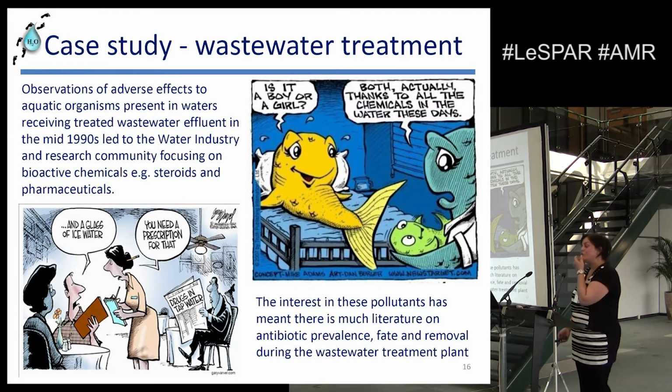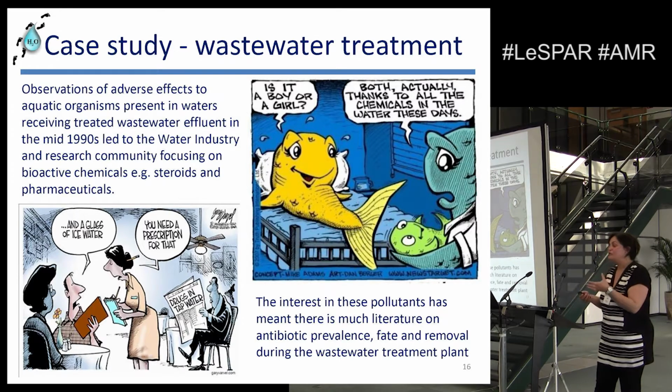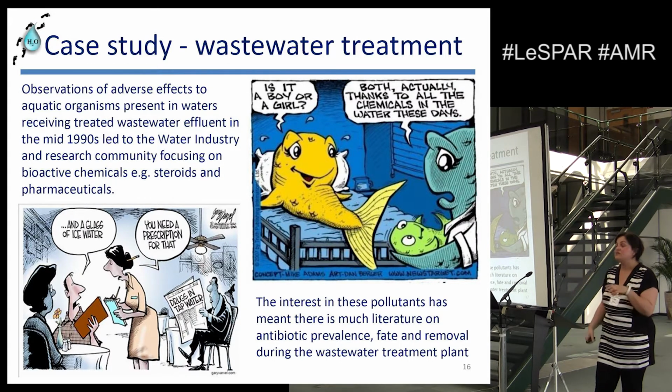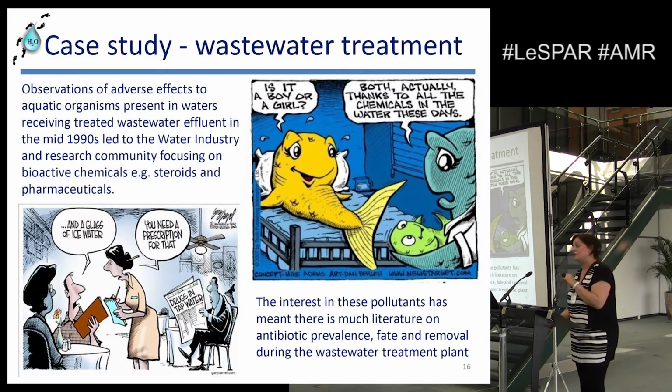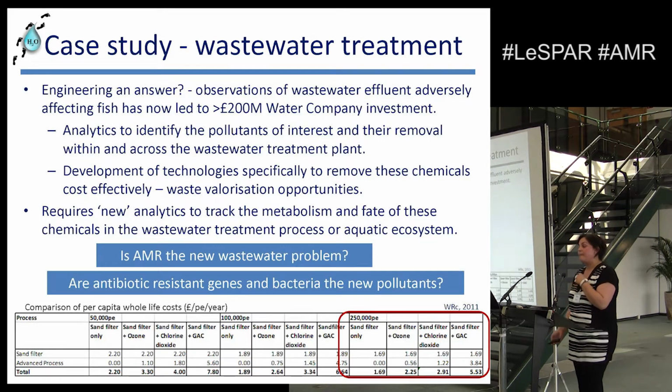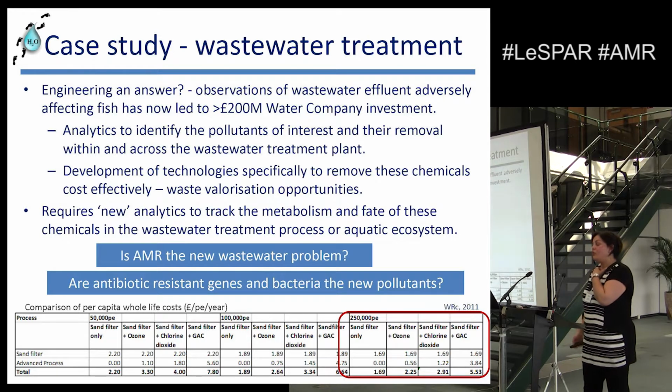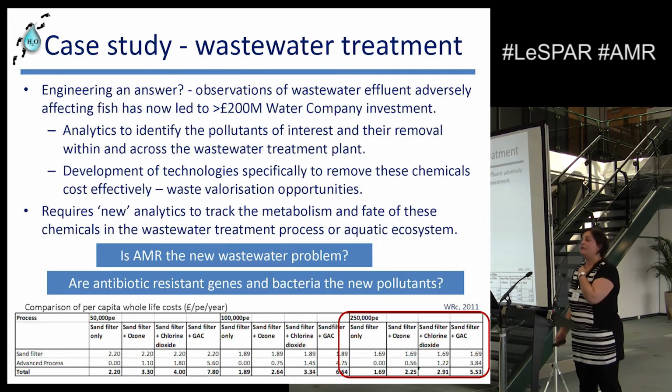Now, the interest in these pollutants has meant that we're actually at a nice advantage when we're looking at the issue of antimicrobial resistance, because we have a lot of literature about the prevalence of antibiotics within and across a wastewater treatment plant, as well as the receiving waters, as well as their fate and their removal, so looking at the technology perspectives. And where the water industry currently are now is they're at a 200 million investment.